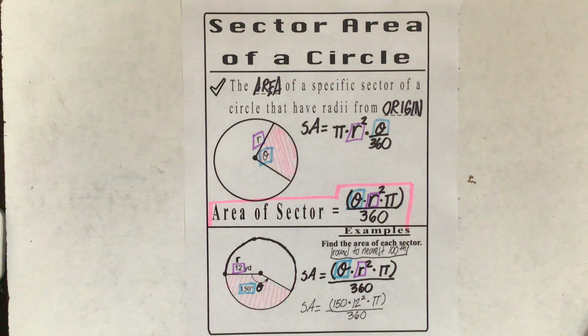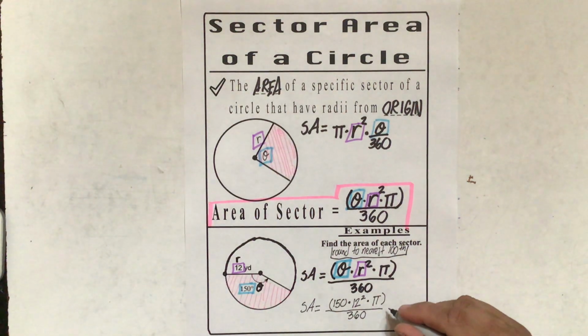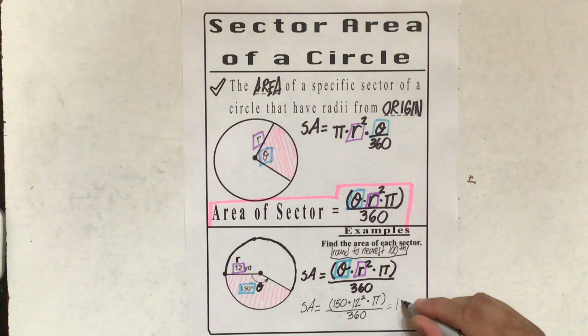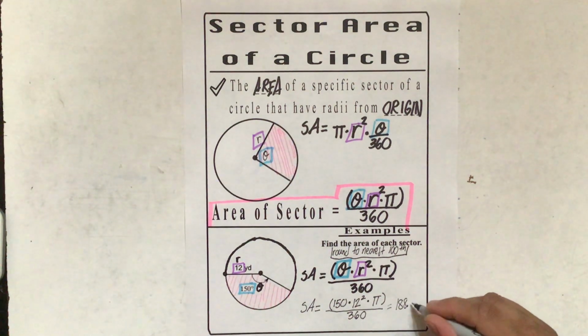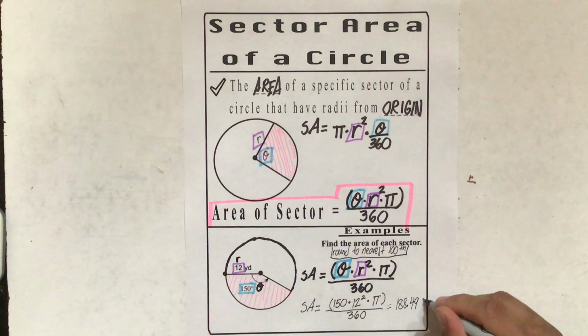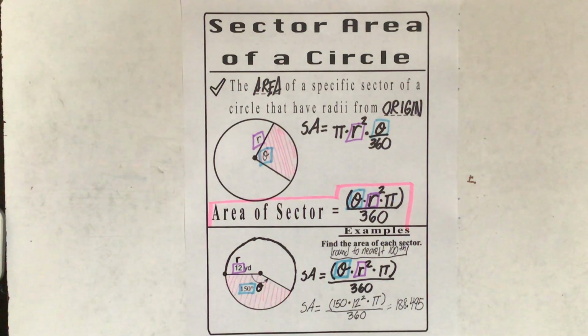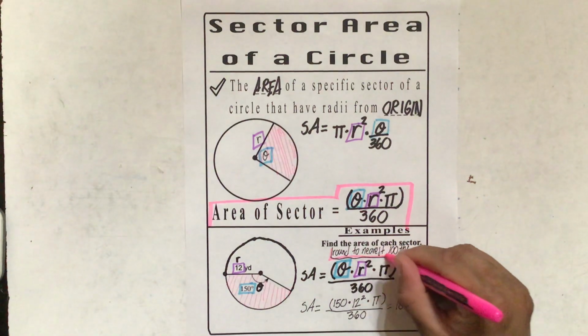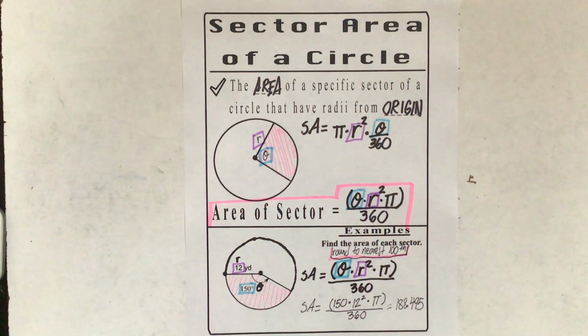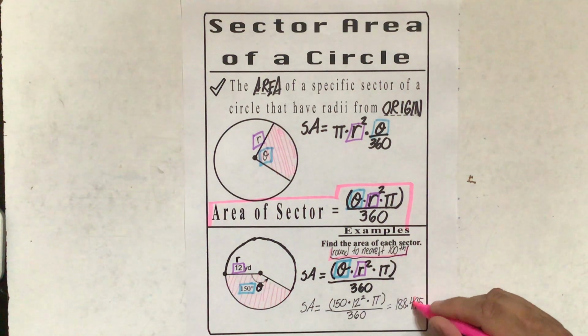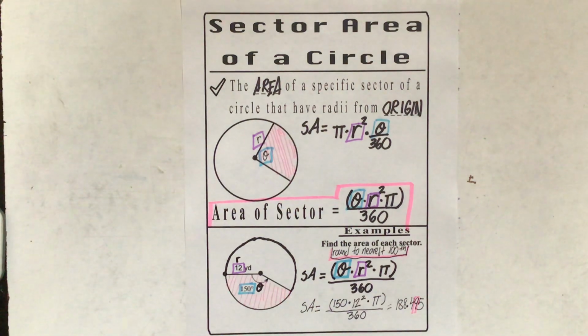188.495. Now I did 3 numbers because just like in the previous assignment, I'm going to round to the nearest hundredths. Hundredths is 2 numbers after the decimal. So 1, 2. So this 9 here is my 100th place.